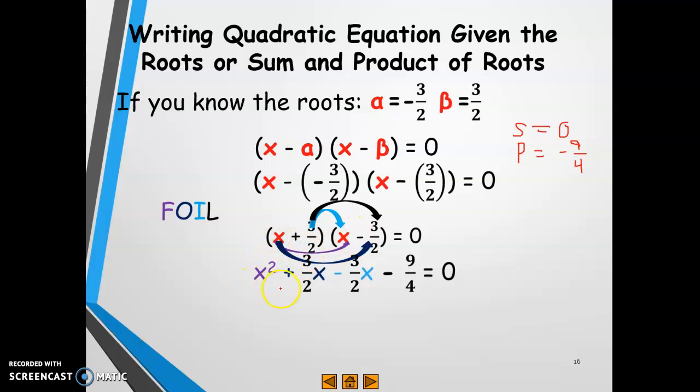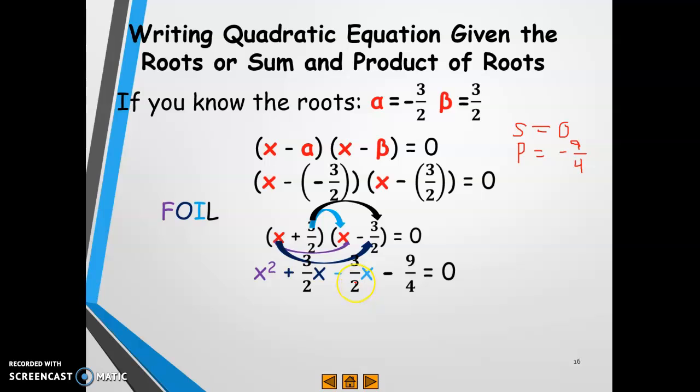We have x times x, x squared, plus 3 halves x. Actually, I did not notice that I interchanged the values, but anyway, it will just give us the right answer. So x times negative 3 halves is negative 3 halves x. Then 3 halves times x is positive 3 halves x. And then 3 halves times negative 3 halves, that's negative 9 over 4.